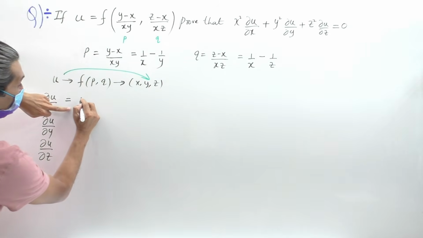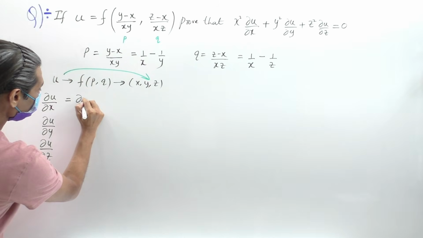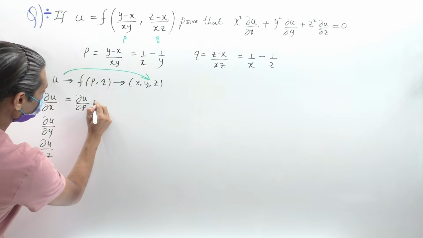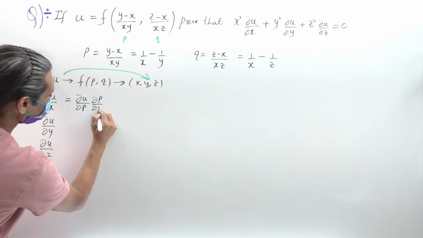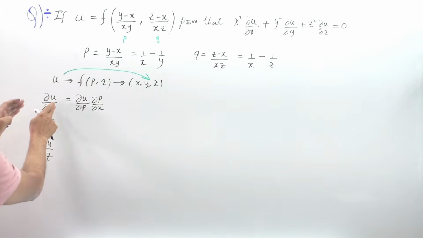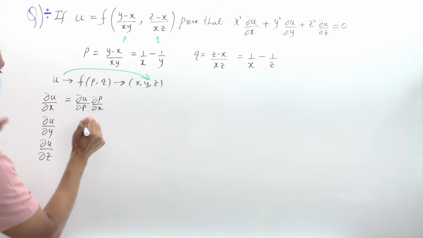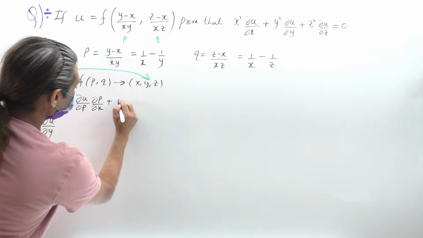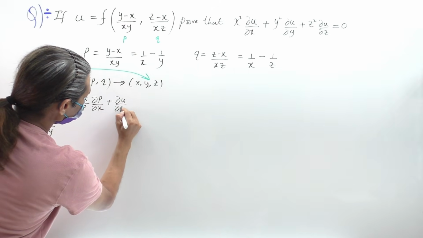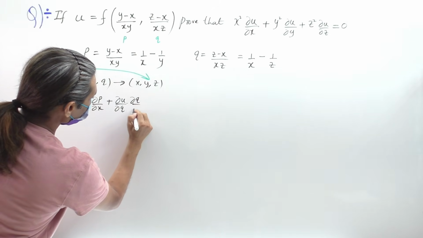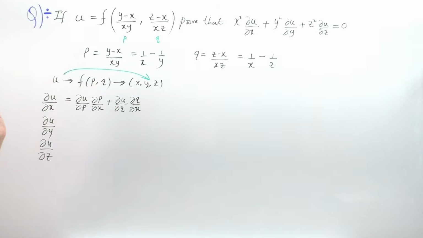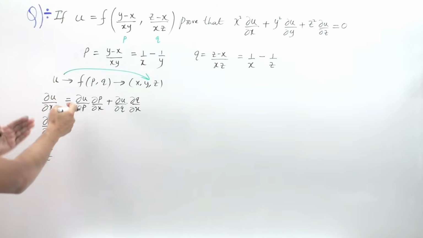See, very simple. Dou u by dou x is equal to dou u by dou P into dou P by dou x. Dou P cancels. What remains? Dou u by dou x. Plus again, second is Q. So dou u by dou Q into dou Q by dou x. That's it. Simple, right?